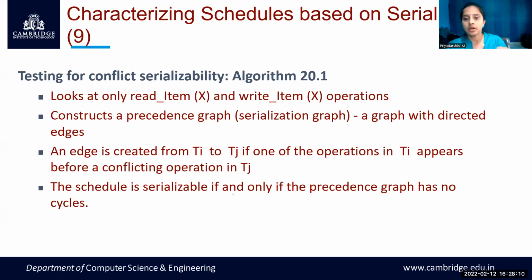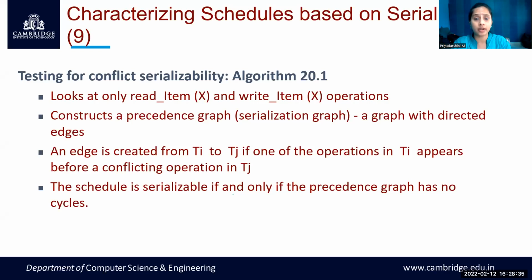But we should also know an algorithm to check whether the schedule is properly serializable or not. That is where the algorithm comes into the picture, and that is where you will solve the problem. So what is the algorithm? It is just to check whether the schedule is serializable or not.